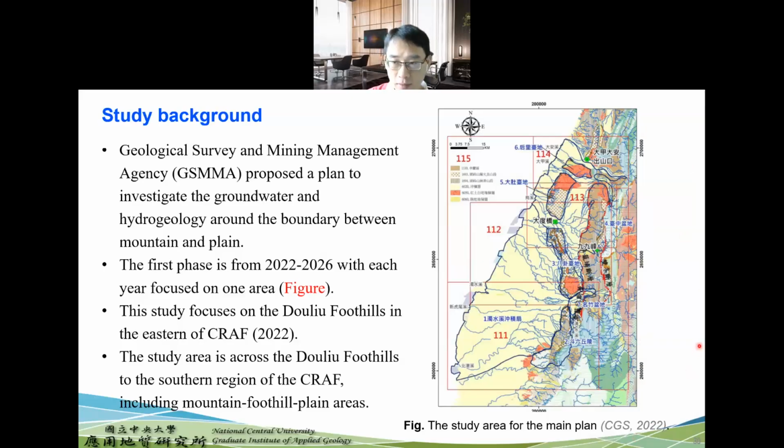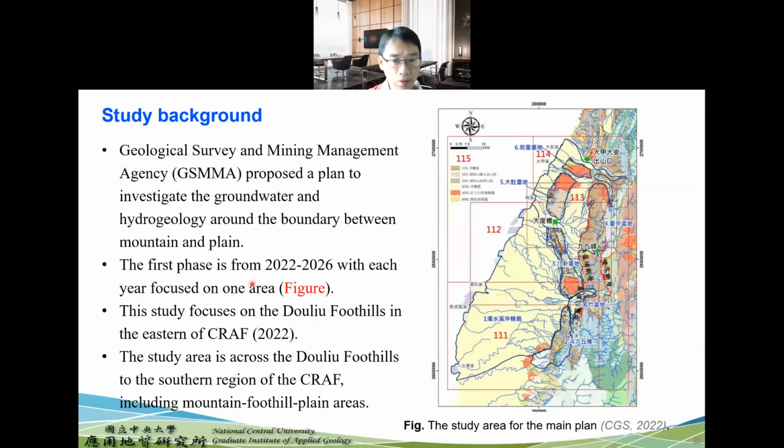Right now, in these phases, they focus on the boundary area from the mountains to the plain. Different years focus on different areas to understand foothill behaviors and the groundwater flow in the foothill area.